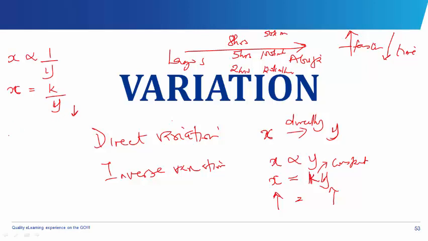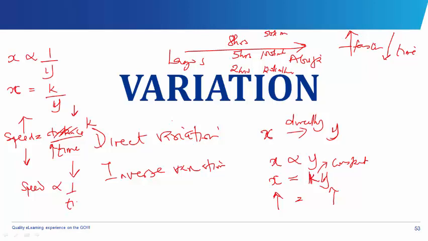Just like when we said that speed equals distance over time. The distance from Lagos to Abuja is constant, it doesn't change. So distance is a constant k. If you increase your speed, the time reduces. If you reduce the speed, the time increases. So that means you can say that speed is inversely proportional to your time.